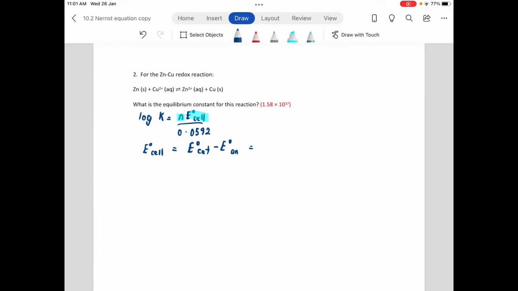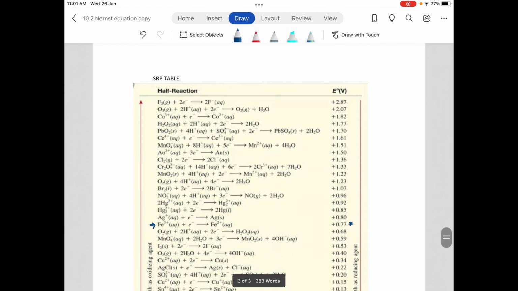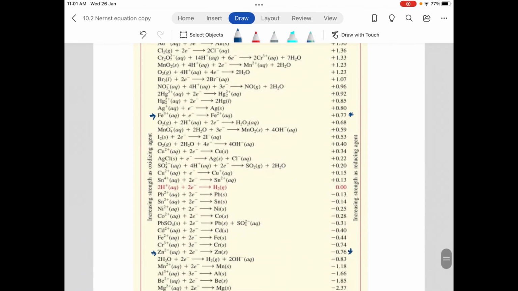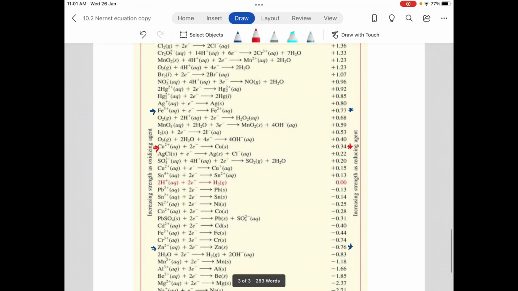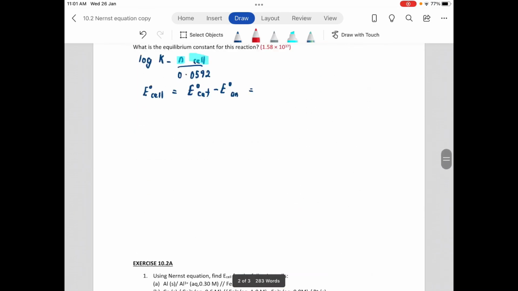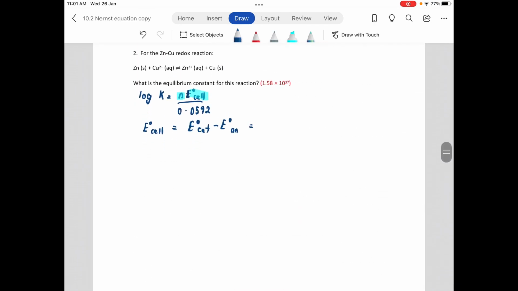Okay, so according to the standard reduction potential table, okay, kita cari zinc dengan copper. Copper ni biasanya dia duduk tengah-tengah. Okay, ni copper. Okay, ini untuk copper 0.34. Zinc, zinc kita dah cari tadi, negative 0.76. Okay, so kita boleh guna tu untuk calculate kita punya E naught cell.